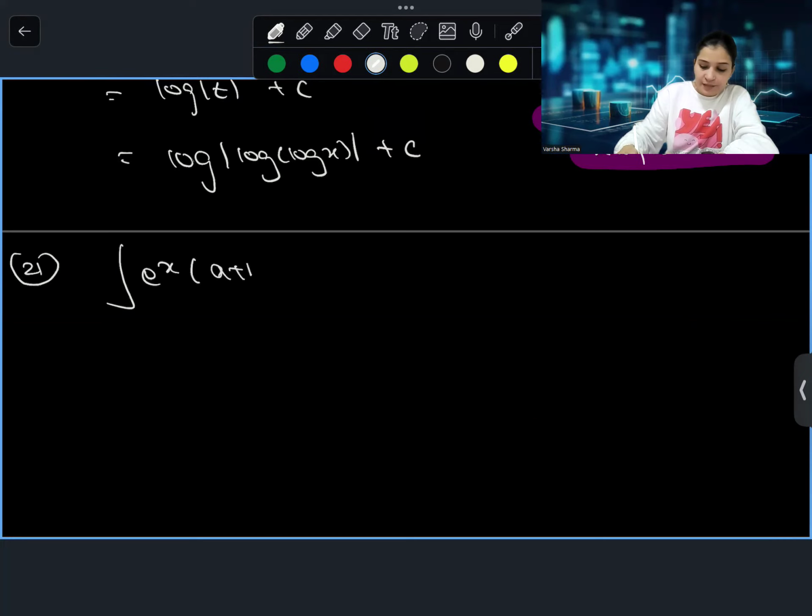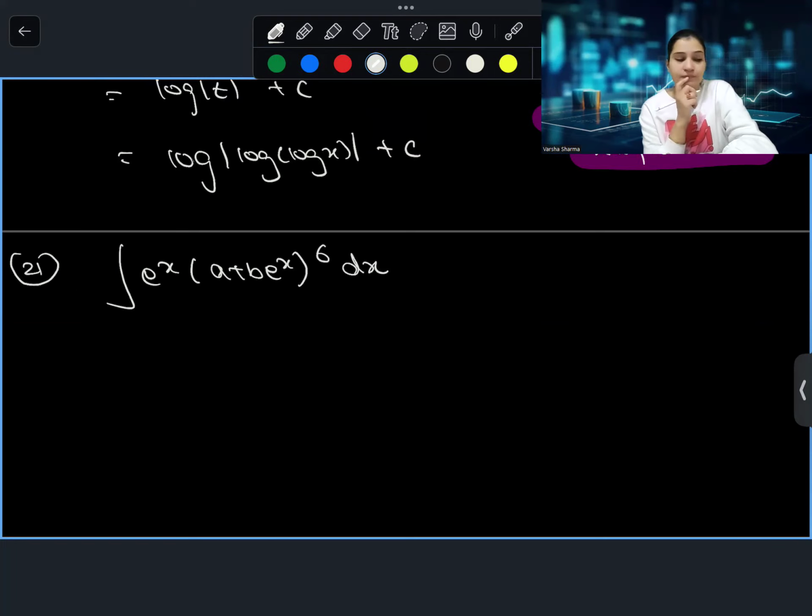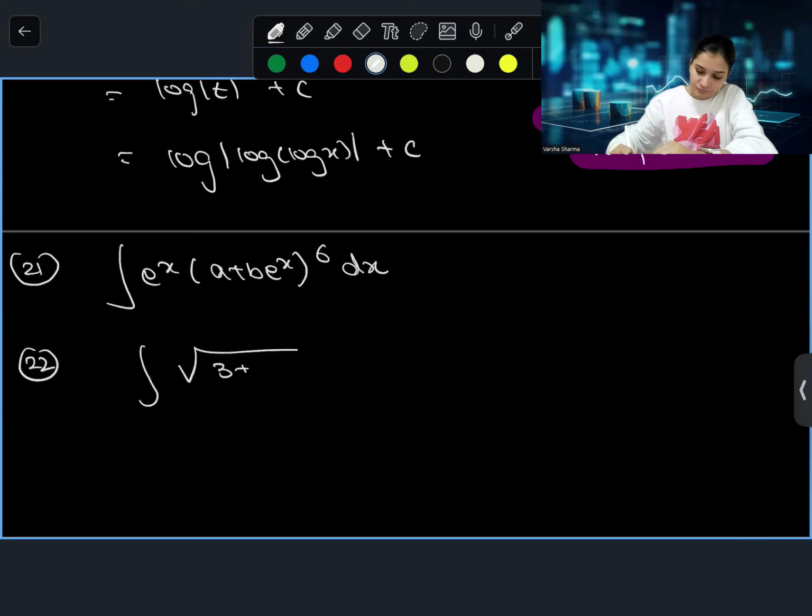Next, integral of e^x (a plus b e^x) to the power 6. Try this.